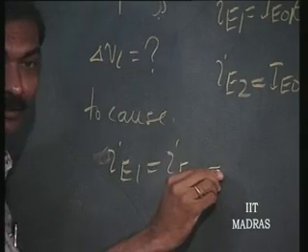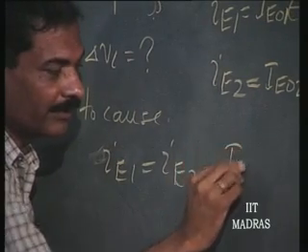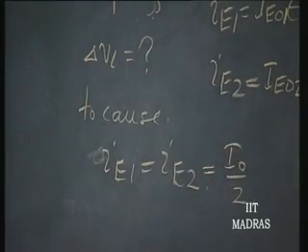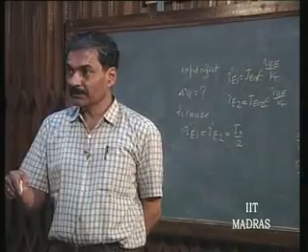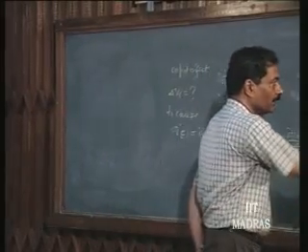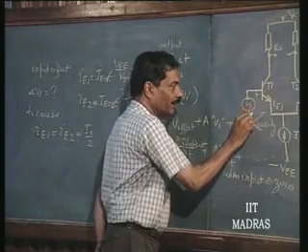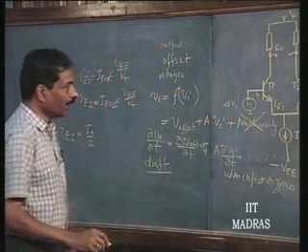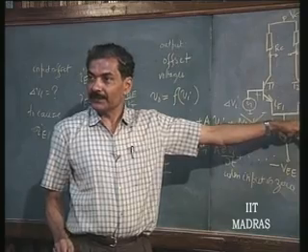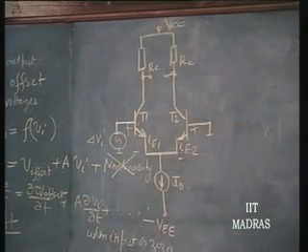That will be then equal to I0 by 2. What is the input voltage that I have to apply? Delta VI at the input in order to cause IE1 to be equal to IE2 artificially. That is what is called the input offset.